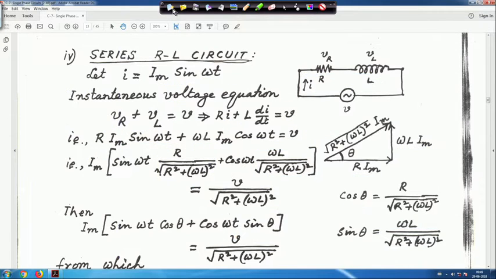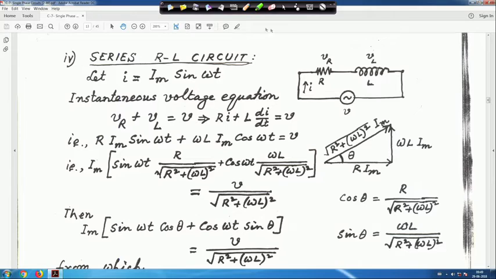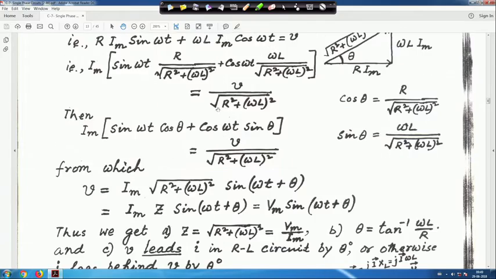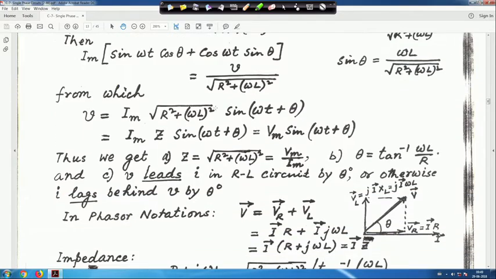So from this you will get V is equal to Im root over R square plus omega L square sin of omega t plus theta, where cos theta is equal to R upon root over R square plus omega L square, and sin theta is equal to omega L by root over R square plus omega L square.